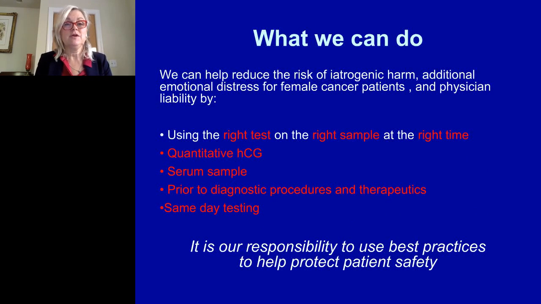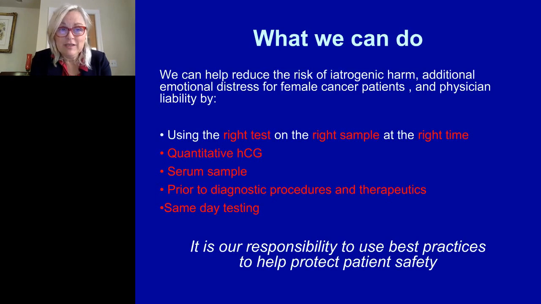I think we should consider professional society consensus practice guidelines, and I hope to hear from you now with a question and answer period. And moving ahead, I think we can all reduce the risk of iatrogenic harm and additional emotional stress for cancer patients due to undetected pregnancies that they weren't informed about, and also reduce physician liability by using the right test on the right sample at the right time, which in many cases is going to be, for now, quantitative HCG on a serum sample prior to the important diagnostic procedures and therapeutics, ideally same-day testing.